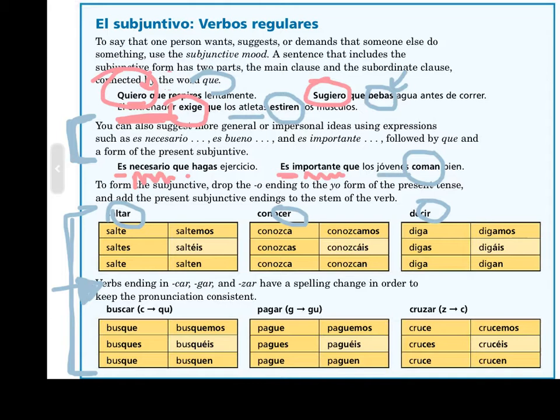And cruzar, we want to put an E after a Z. We can't do that without changing the sound. Actually, we can't do that. It's not allowed. So we have to change the Z to a C. So on this one and this one, it's because phonics would change, or the way that the word sounds would change if we don't change the spelling. And on this one, it's because it just doesn't exist. You can't put an E after a Z. Okay, so watch out for that zarkargar.